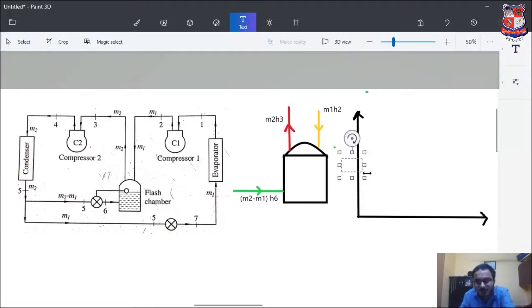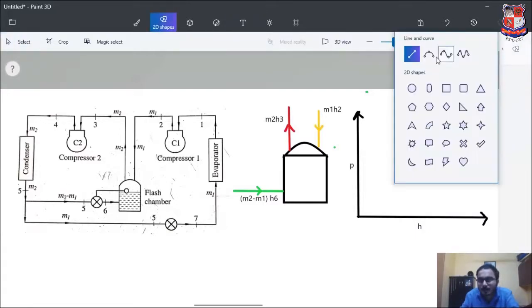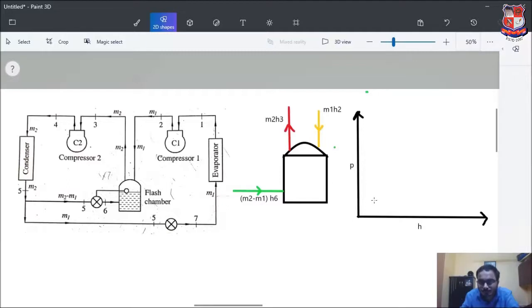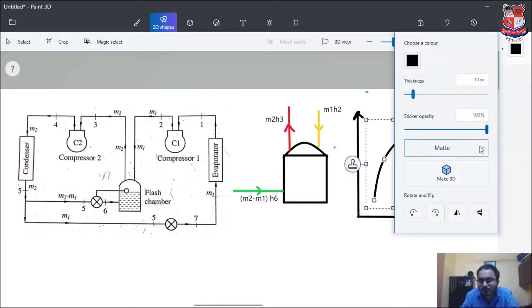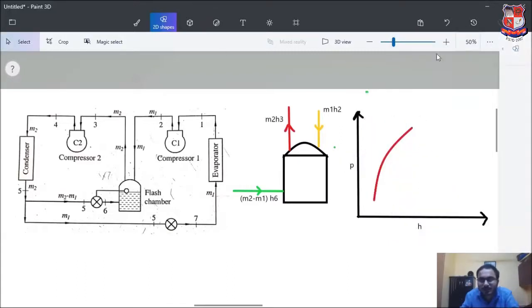This will be our P, and this will be our H. Now we will first draw the saturation lines. This will be the saturation liquid line, and then we will have the saturation vapor line, like this.